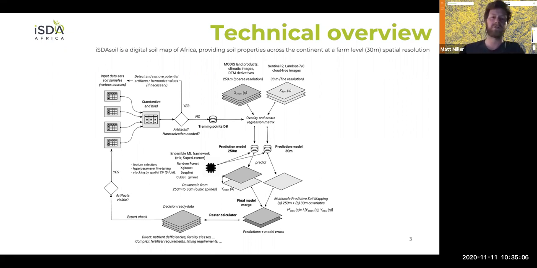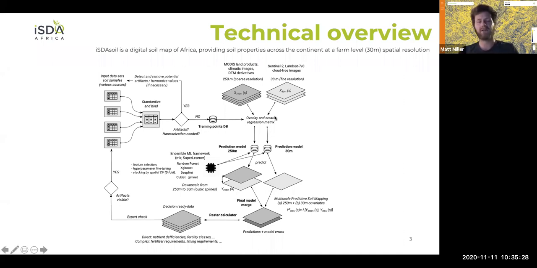The important ones for our purposes, and what's helped us move towards 30-meter resolution, are the Sentinel-2 and Landsat satellite images. We spent considerable time and effort preparing cloud-free images, which allowed us to improve our geospatial resolution down to 30 meters.